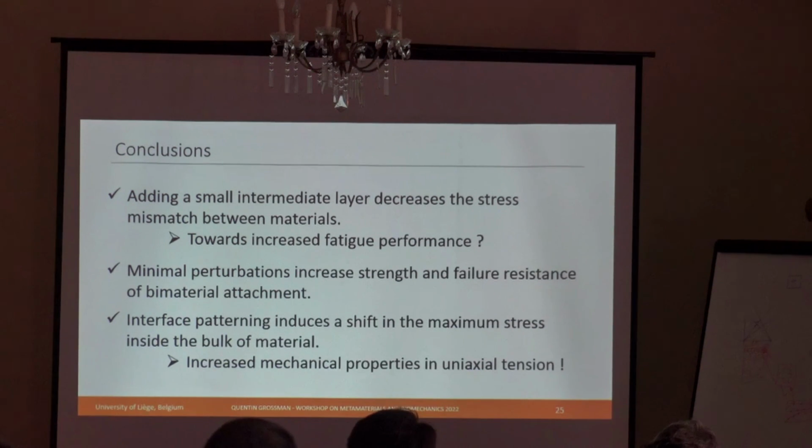And we also saw that with minimal perturbation at the attachment, we are able to increase the strength and the failure resistance of the material. And we also induce a shift in the maximum stress inside those materials that leads to better mechanical performance in uniaxial tension. And that's it for me.